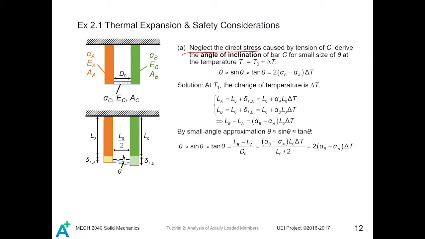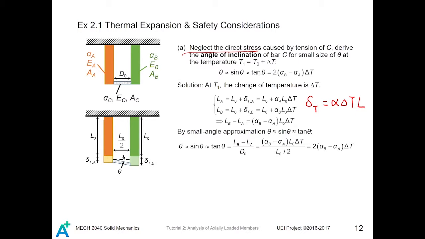To do this, we consider the change of length formula under thermal expansion as we just mentioned. Delta, the thermal deformation, equals alpha delta T L. L is the original length, where alpha delta T is the thermal strain.